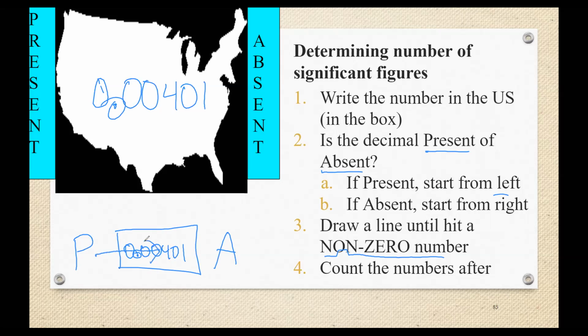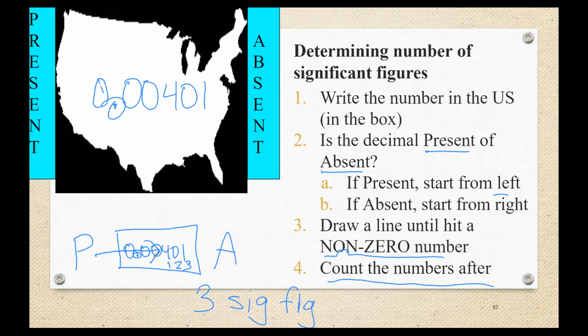There is our first non-zero number. So we're going to start counting right here. This is 1, 2, 3. Three of these numbers are significant figures. Remember, we're counting all the numbers after we hit this first non-zero number.